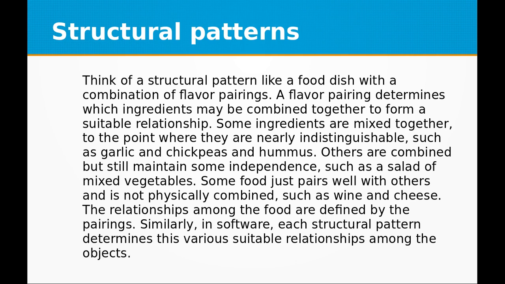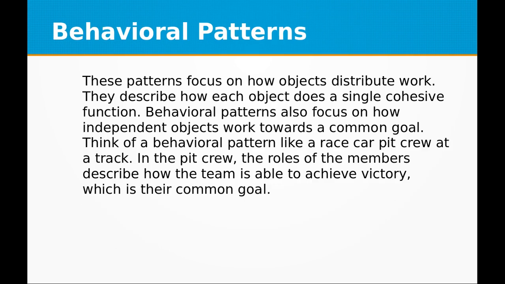Others are combined but still maintain some independence, such as a salad of mixed vegetables. Some food just pairs well with others and is not physically combined, such as wine and cheese. The relationships among the food are defined by the pairings. Similarly, in software, each structural pattern determines these various suitable relationships among the objects.